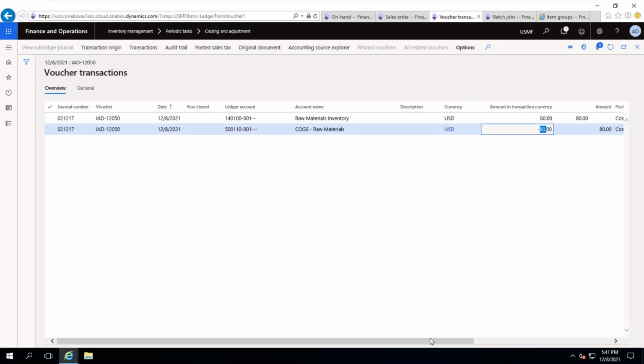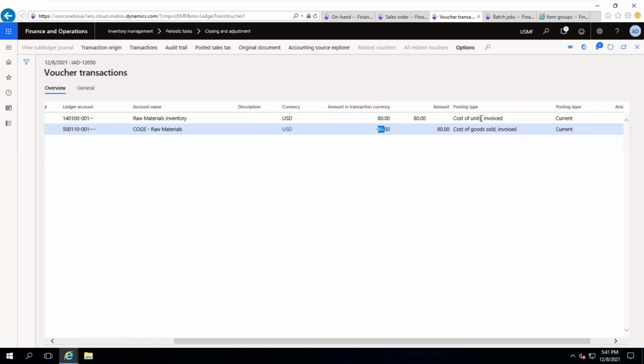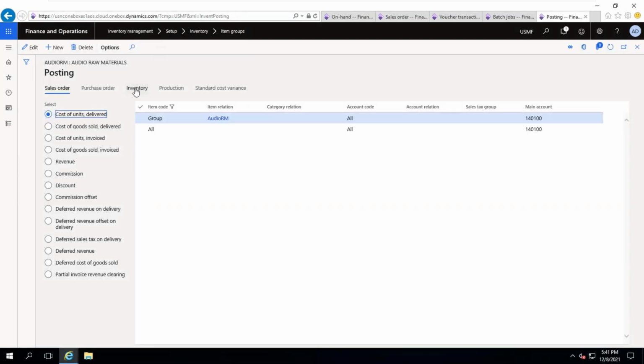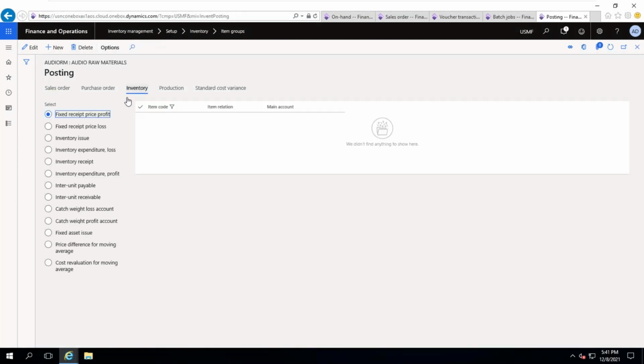You can see on the right side the posting type, cost of units invoiced, cost of goods sold invoice. You can see this from here also by clicking posting. The look and feel will be easy. If you go to the posting button, in the inventory tab you will find inventory issue and inventory receipt.